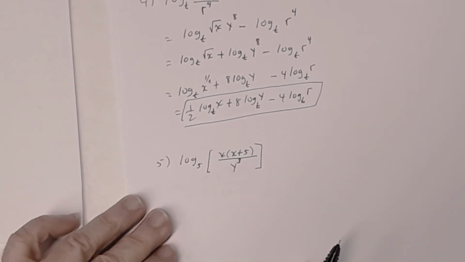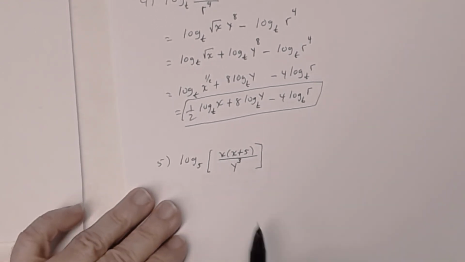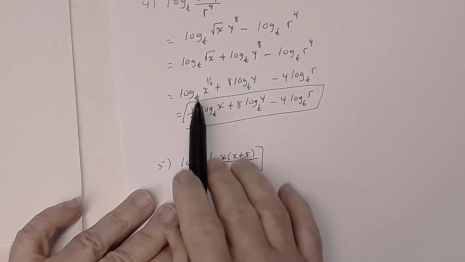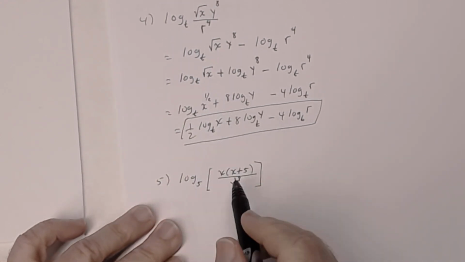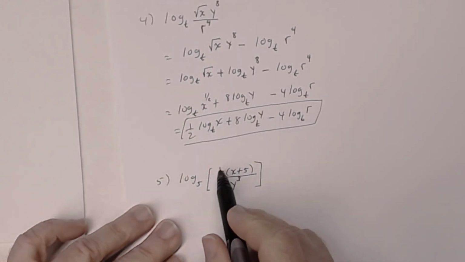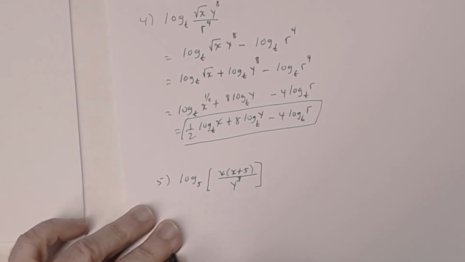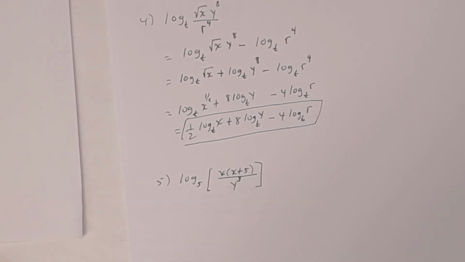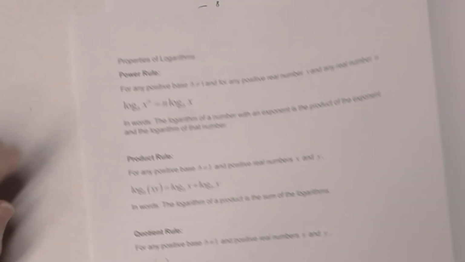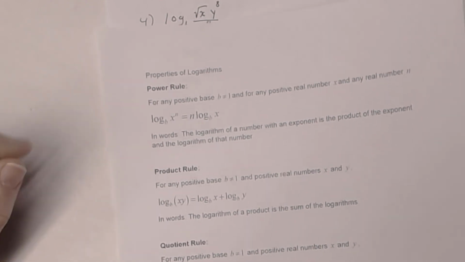Okay, number 5. So in number 5, we have, again, the same idea that we've used here. So you have the log of a quotient, and in the numerator, that's a product. So we're going to use the product rule and the quotient rule. I also see an exponent. So since I see an exponent, I know that I'm going to use the power rule as well.